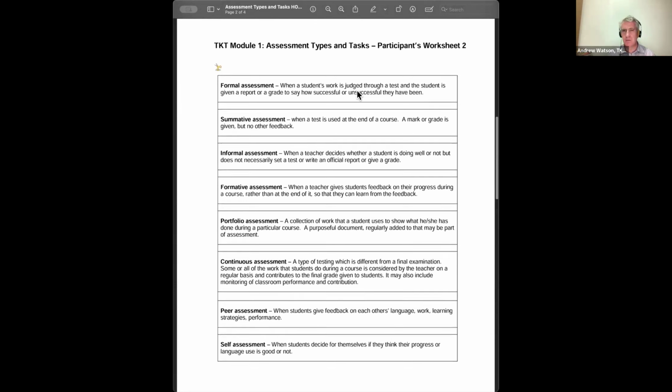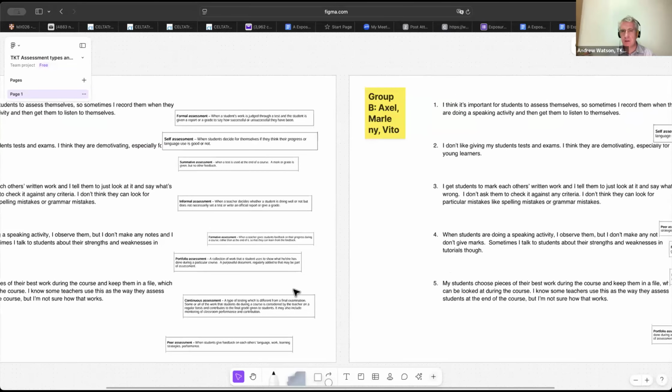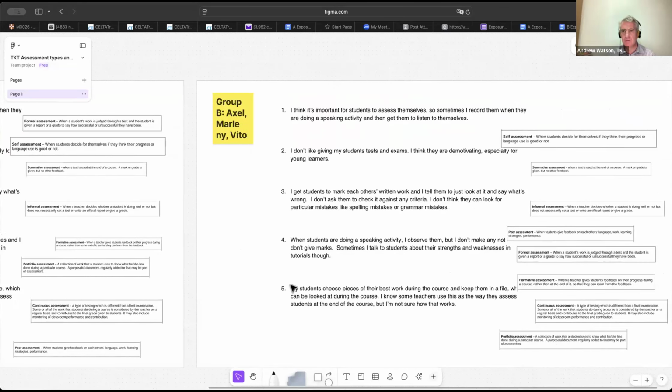All right. So use these definitions, and I'd like you to match them using this whiteboard. I think this might be the last activity we have to do tonight, okay? So try and match them.